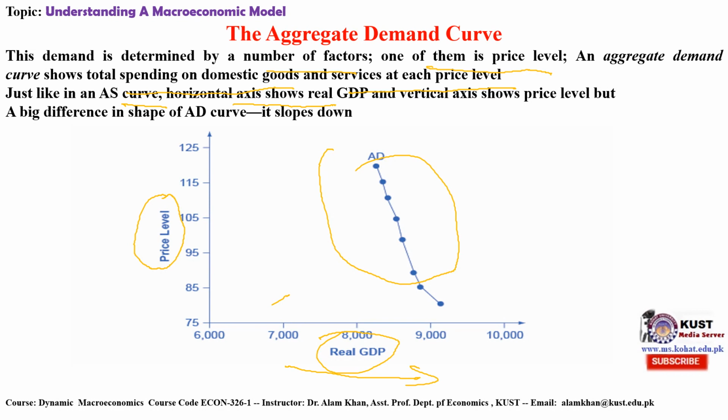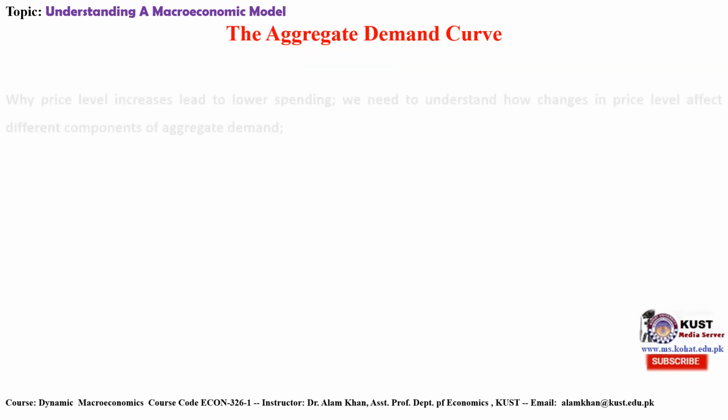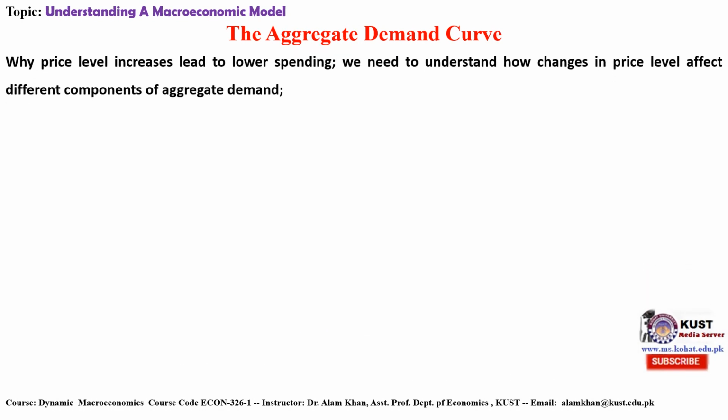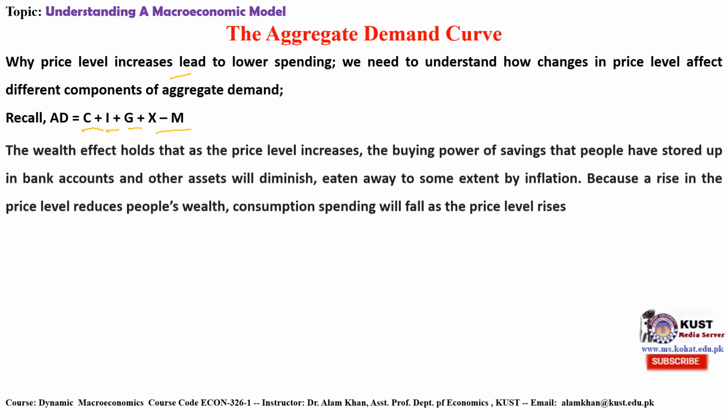But a big difference is that the shape of aggregate demand slopes downward. Why does a price level increase lead to lower spending? We need to understand how changes in price level affect different components of aggregate demand. As we know, aggregate demand is equal to consumption, investment, government expenditure, and net export.